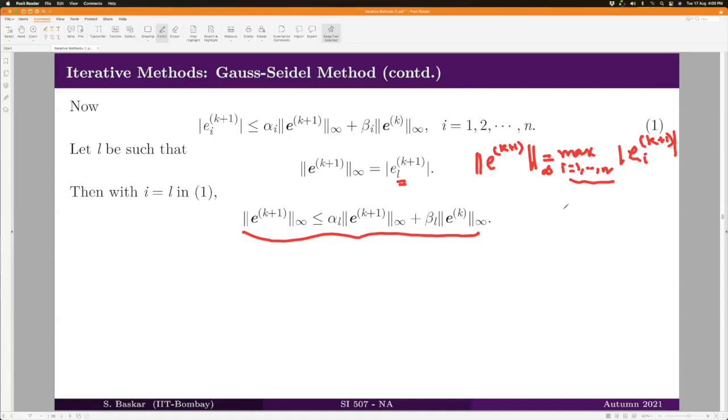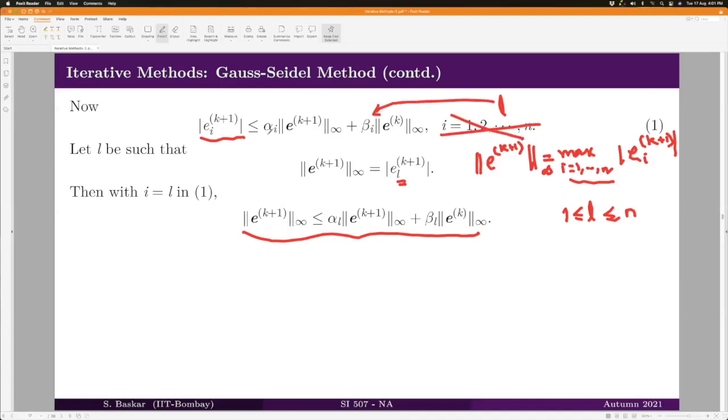Let us say it is achieved at L for some L lying between 1 and n. This inequality is true for that L also, because this inequality is true for all I ranging from 1 to n, and that L which is sitting in between will also satisfy this inequality. Therefore, instead of writing this for all I, I will write this inequality for that L alone.